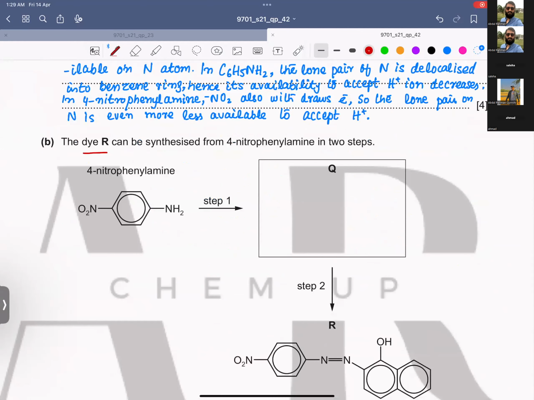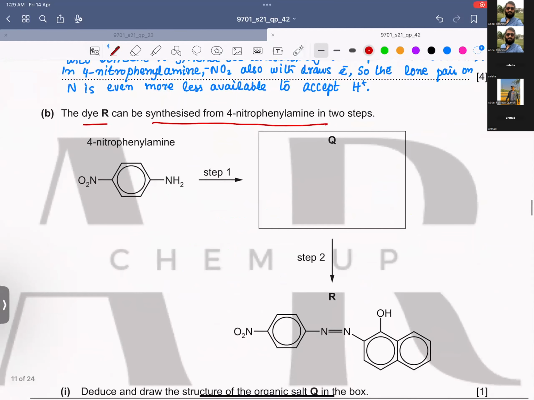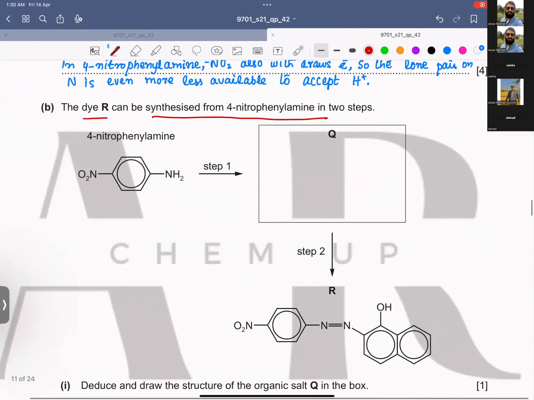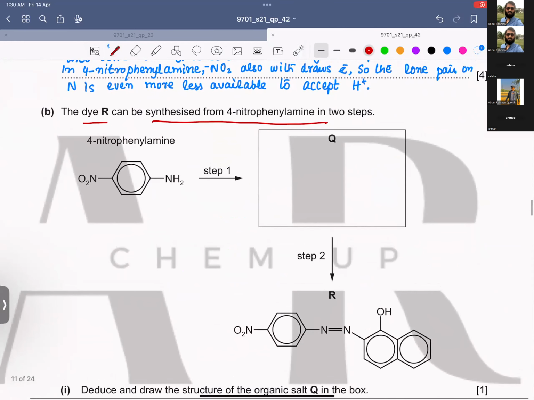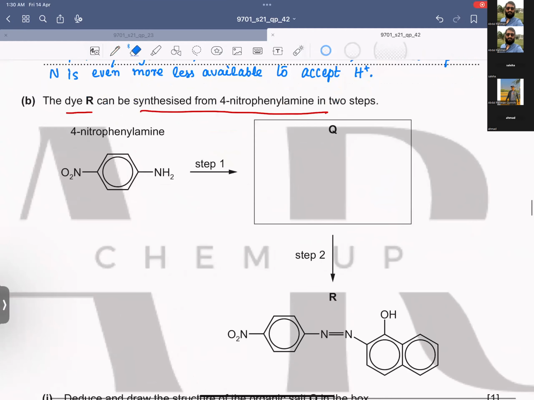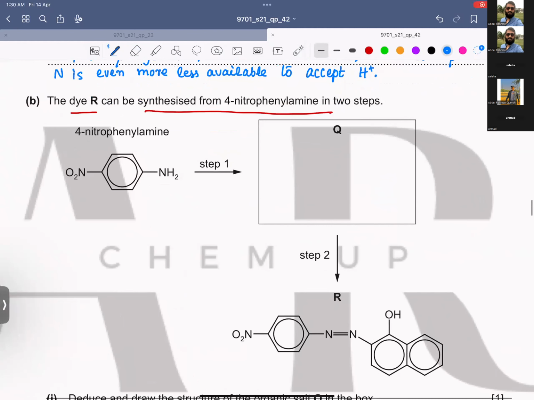The dye R can be synthesized from 4-nitrophenylamine in 2 steps. You deduce and draw the structure of the organic salt Q in the box. So basically Q is an intermediate which must be from this structure, and in step 2 this structure is introduced.